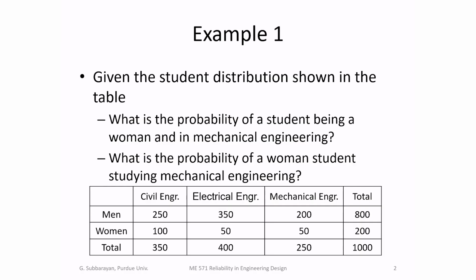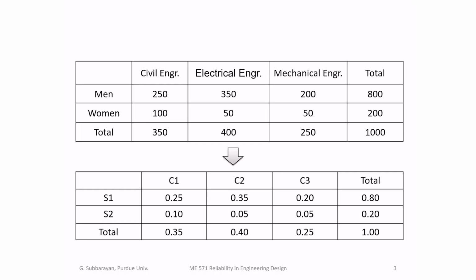First, we have some raw numbers, and we need to turn them into fractions, and we need to define events. So I'm going to define events: C1 is the event that the student is in civil engineering, C2 the event that a student is in electrical engineering, C3 the event that a student is in mechanical engineering.